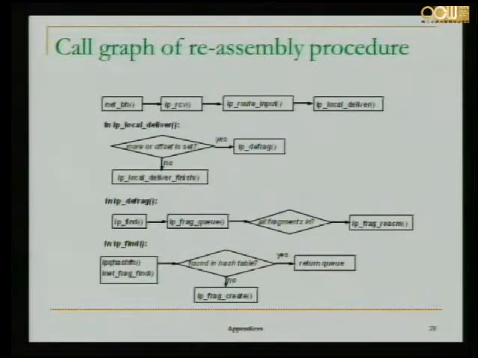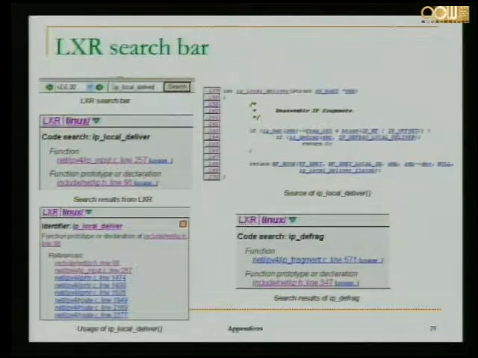Okay, there's an example using the tool called LXR, which is a source code tracing tool. The interface is a web interface, and you can use this tool to trace any code, whether the code is on your local disk or on a remote server.